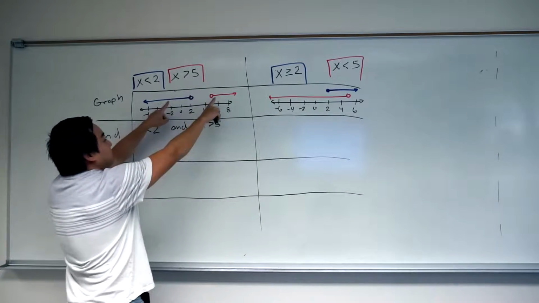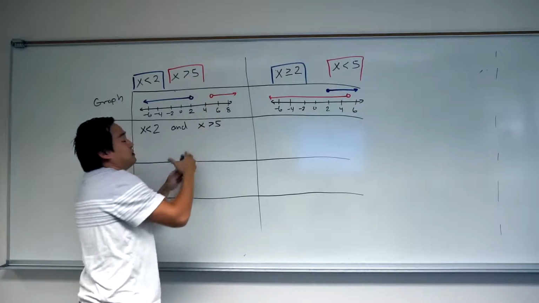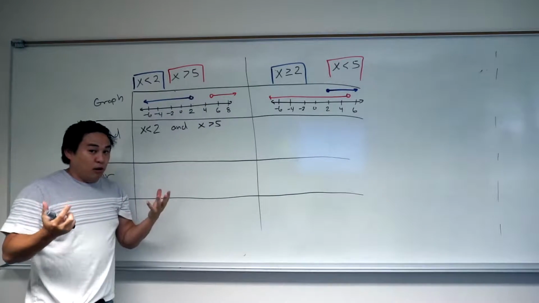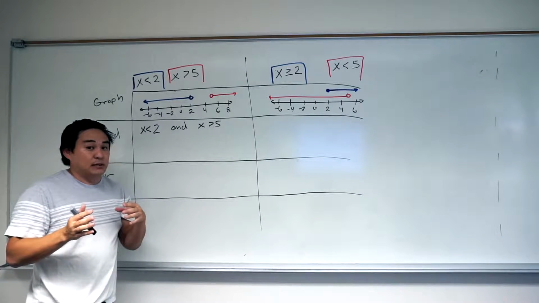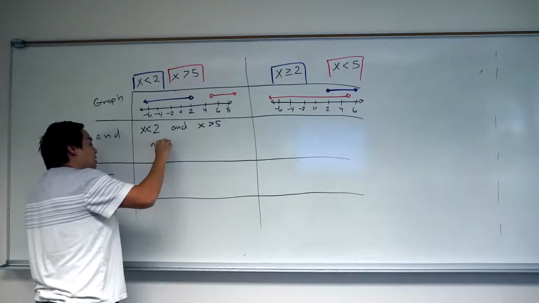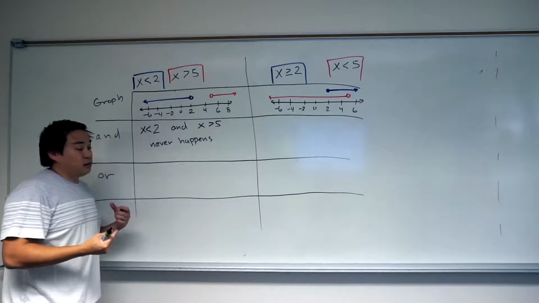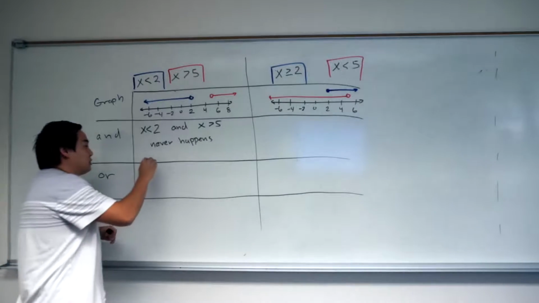And can we see based on this picture that right here the blue happens, right here the red happens, but no parts have the red and the blue at the same time. So this one never happens. And as we know from some of our previous examples, that means no solution.